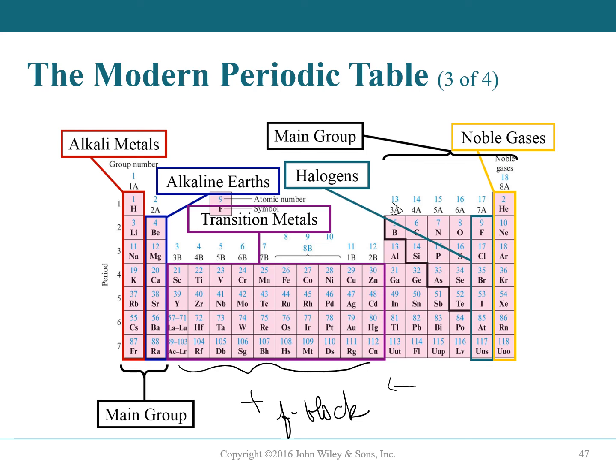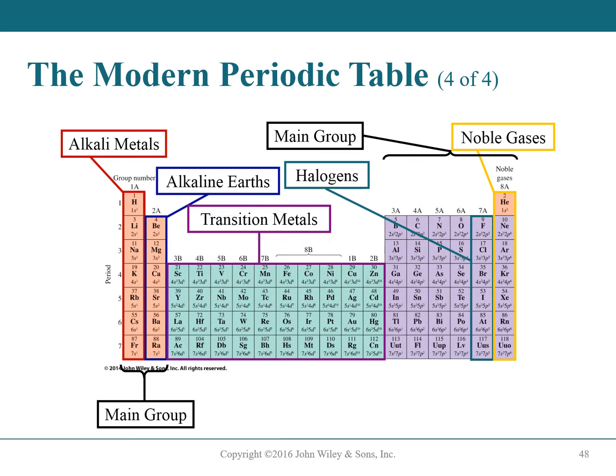So we're just finding out that the modern periodic table can do more than just separate metals, nonmetals, and metalloids and give us the number of protons per element. But now we can start seeing how it can relate to the electronic configuration and help us determine the reactivities. Okay, so let's continue on.